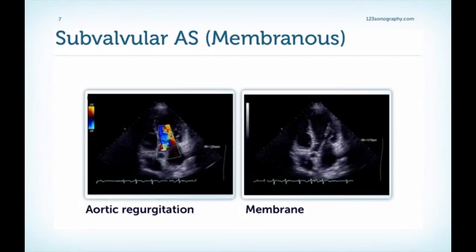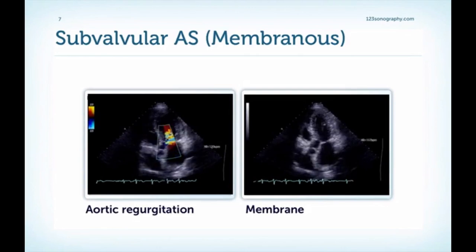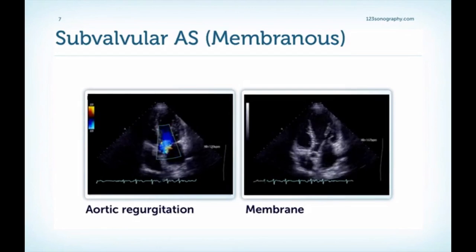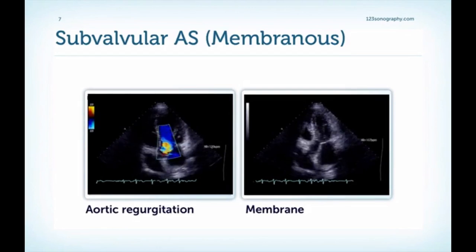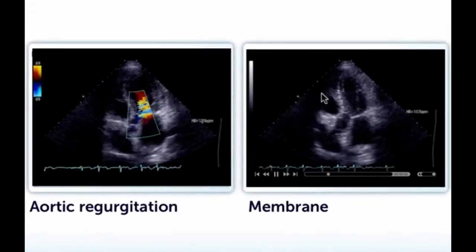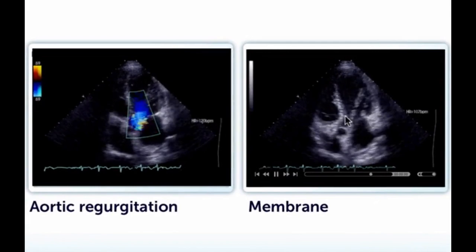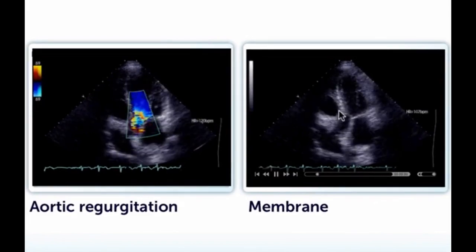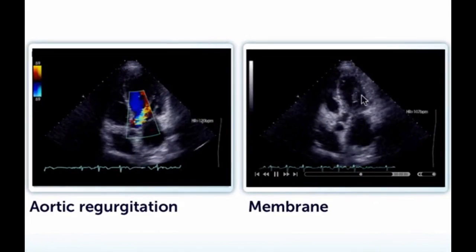Here we have an example of a patient with subvalvular aortic stenosis who also has accompanying aortic regurgitation. Here on the right side, you can appreciate this almost circular membrane in the LVOT.